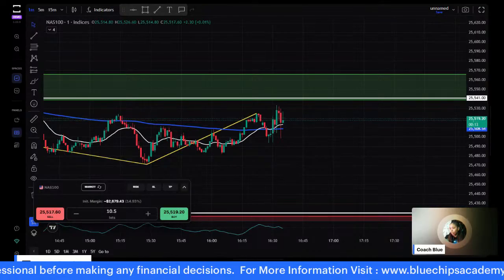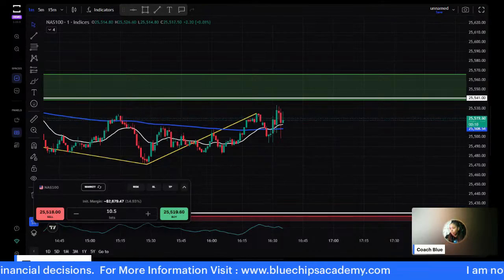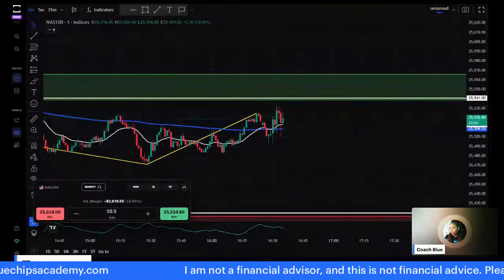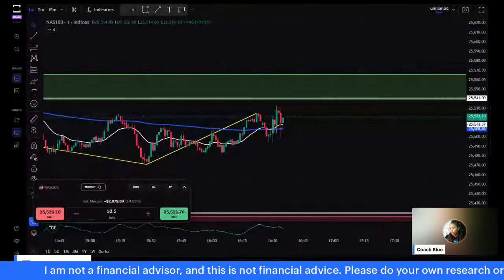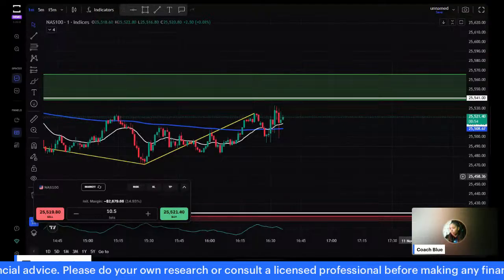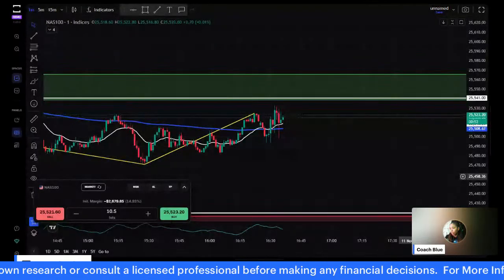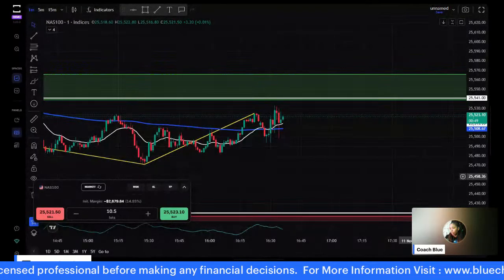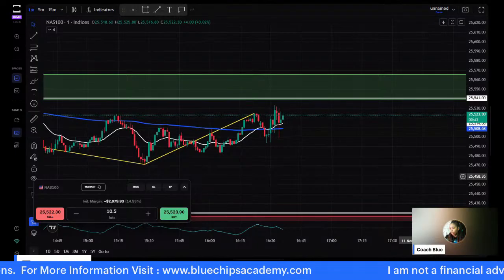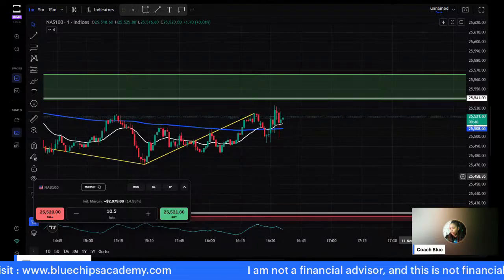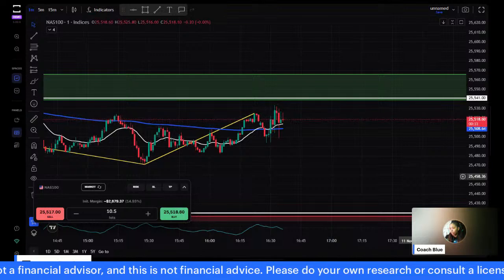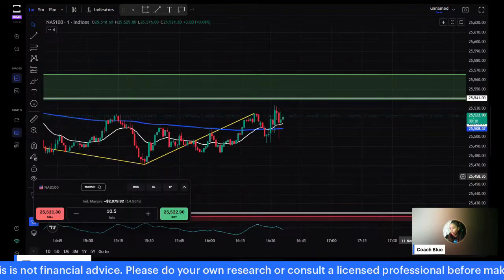Here we go. See if these next couple of candles can fight back. Not too much movement right now, though. Still nothing yet, y'all.